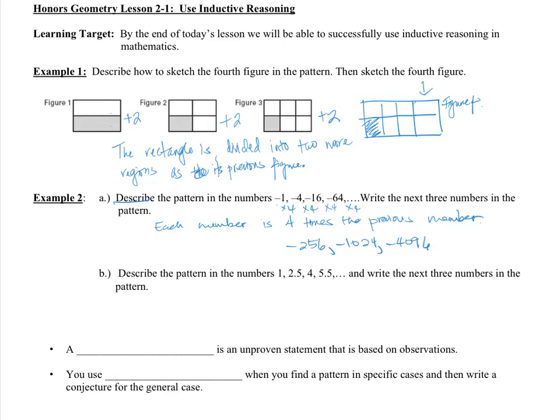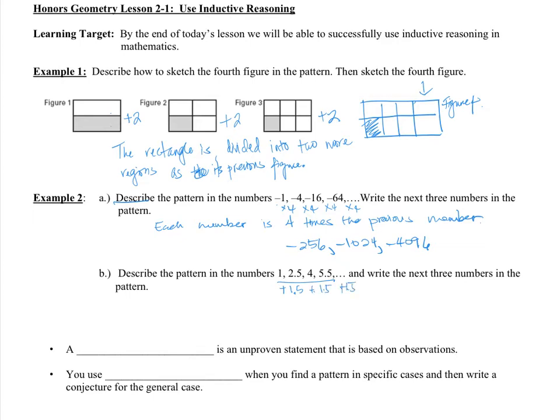Okay, part B, describe the pattern in the numbers. And then write the next 3 numbers. I see that the numbers are increasing by 1.5.